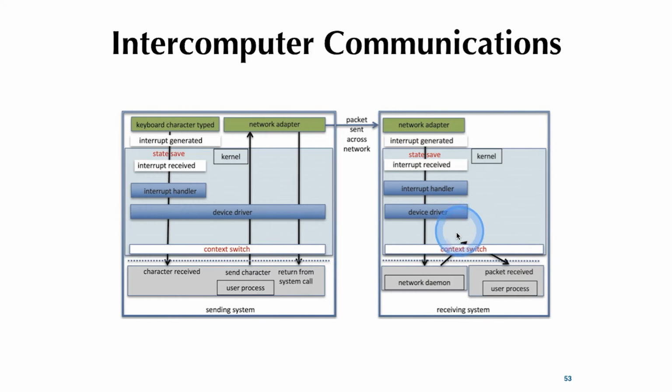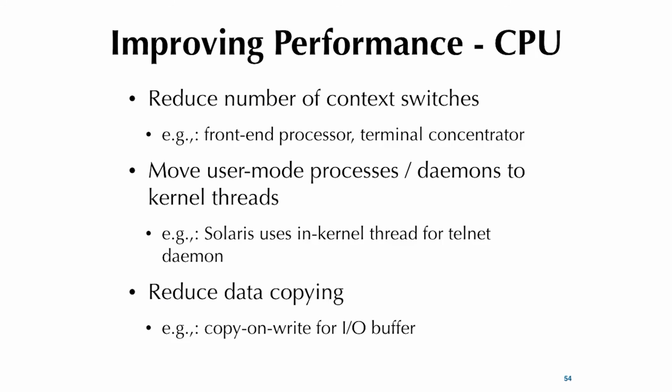And the kernel may have to do context switch between these. And the different controllers down below should have a certain amount of buffering so that it can tolerate some lag before it gets serviced.